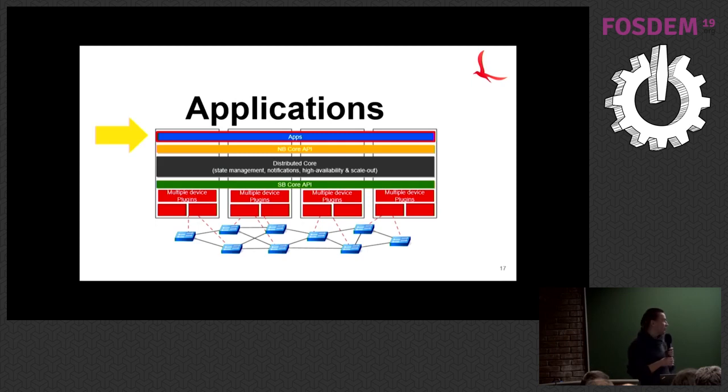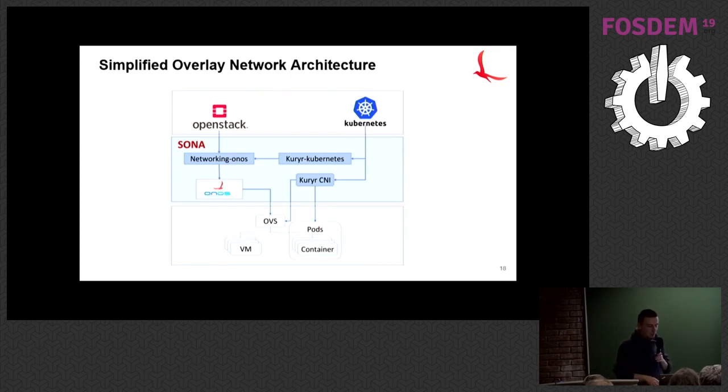So then we come to the applications. This is probably the most interesting part of the stack for network operators, because this is where various applications can be written. This is just one example where ONOS, in the middle, can function basically as a service in Openstack. I haven't mentioned this, but it's kind of a given these days that ONOS also provides Docker containers and Docker images.